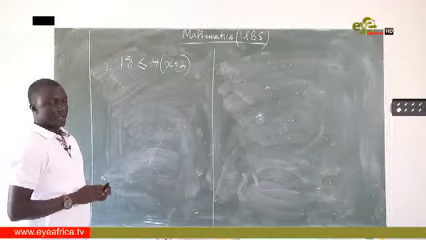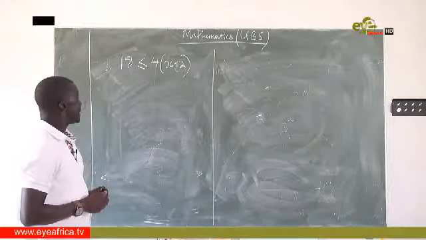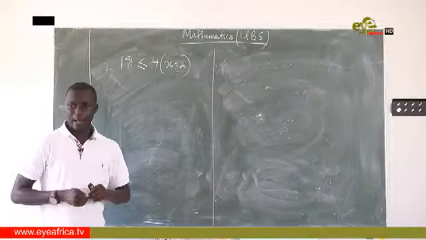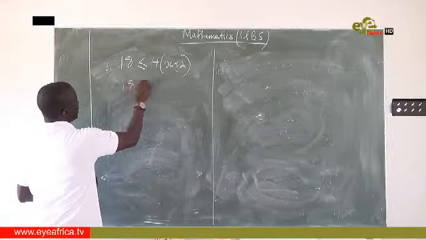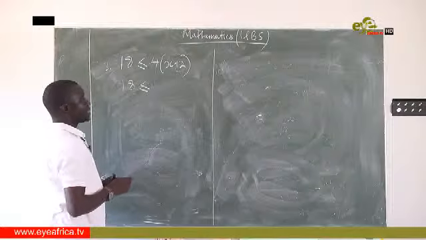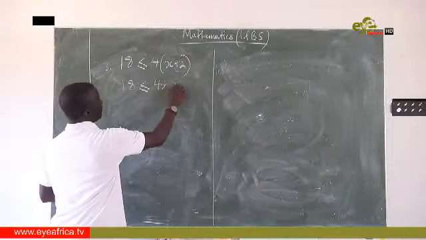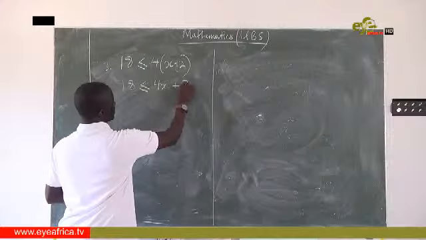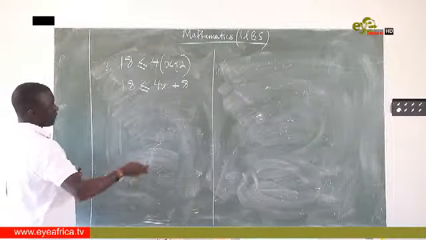First, all we need to do is expand our bracket, in the same way that we were expanding brackets in equations. In doing so, we have 18 is less than or equal to 4 times x is 4x, plus 4 times 2 is 8.